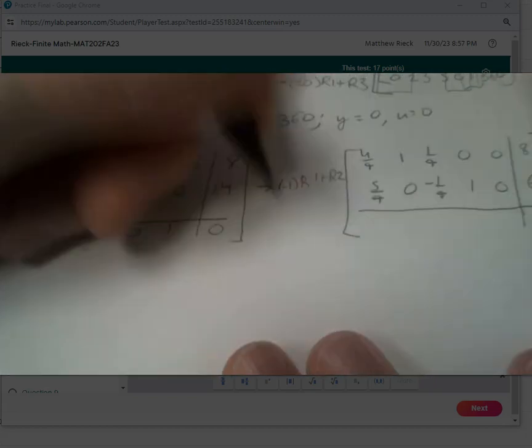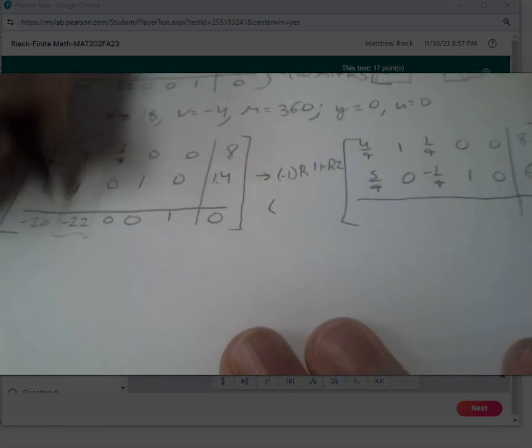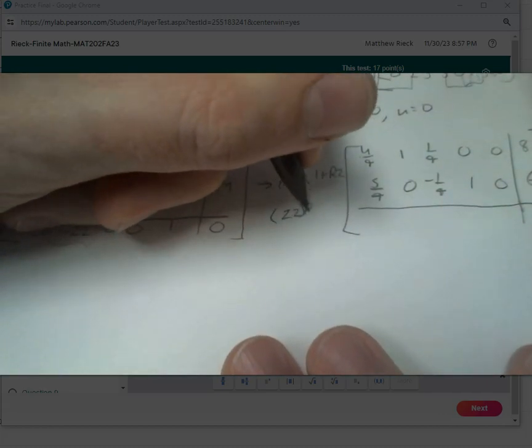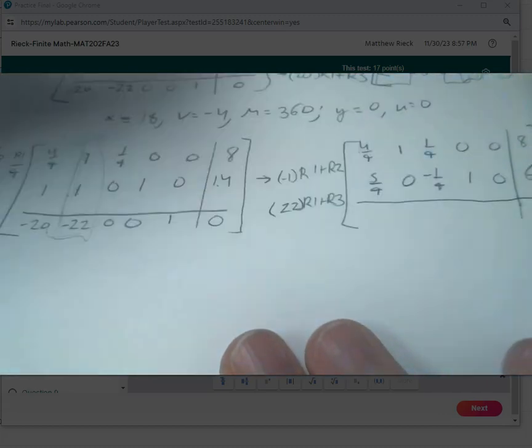All right. And then here we want to get a 0 in this entry as well. So we're going to take 22 times row 1 and add it to row 3.